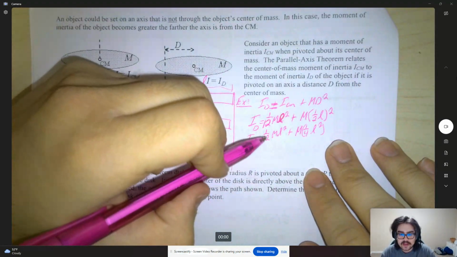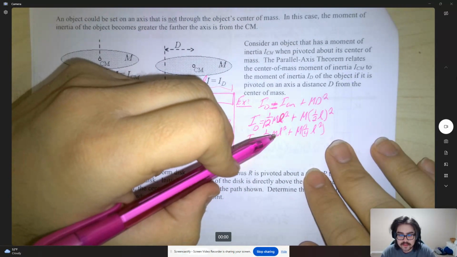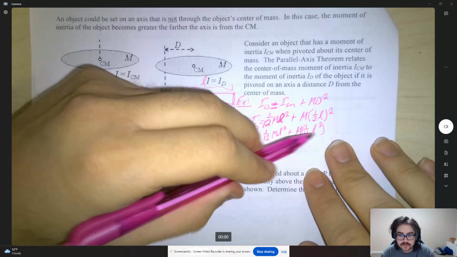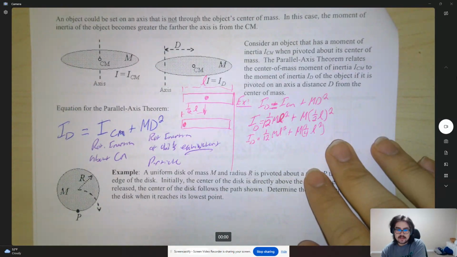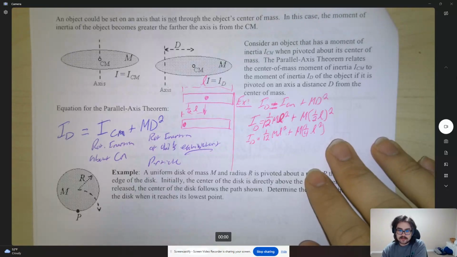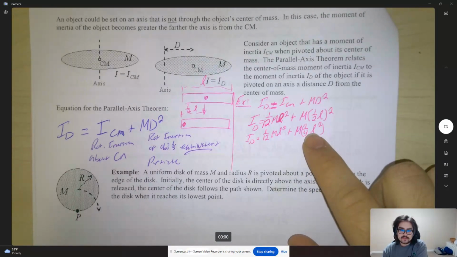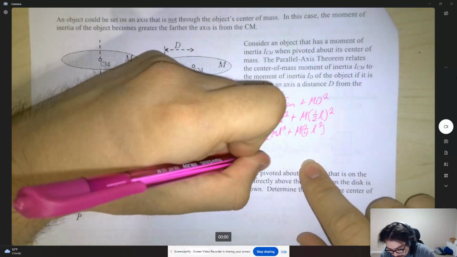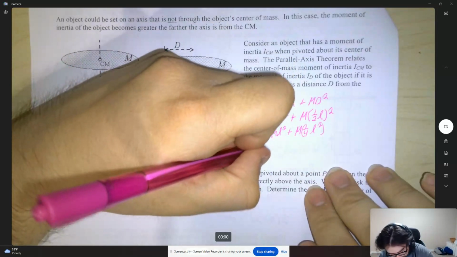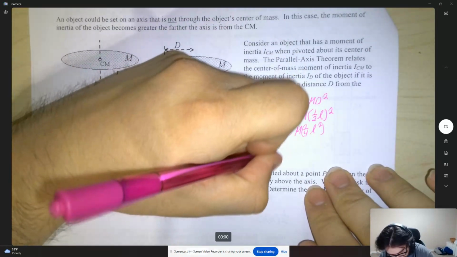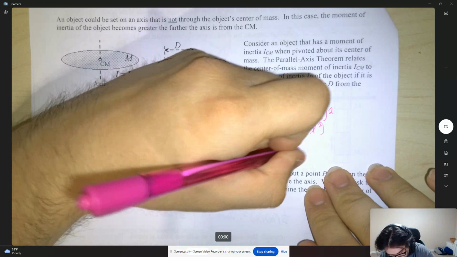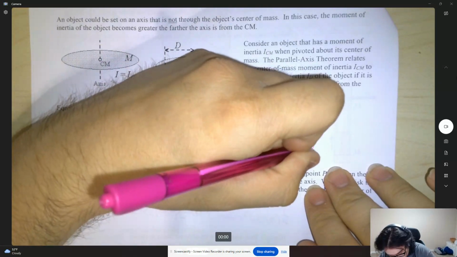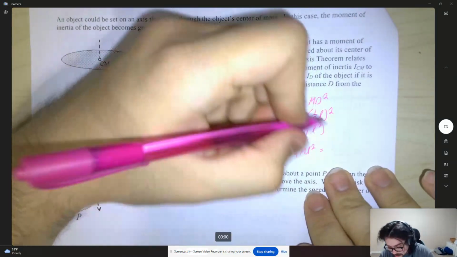And then you see that I have a common factor here, 1/12 m L squared. This is 1/4 m L squared. And I can actually get a common denominator. Okay, I can do common denominator to get that. If I turn this into 3/12, okay, multiply top and bottom by 3 on the right side, and I end up getting 1/12 m L squared plus 1/4 m L squared equals, I should have written that in over 12.